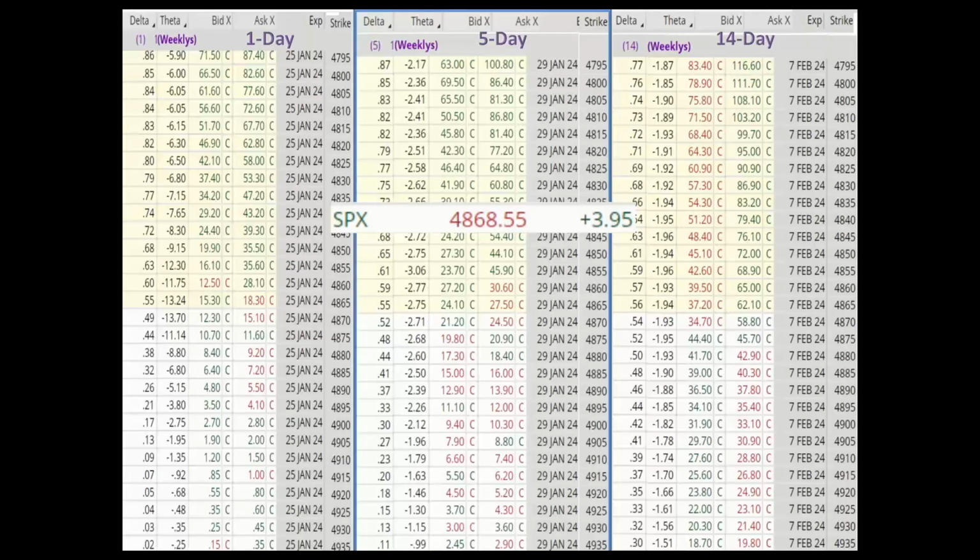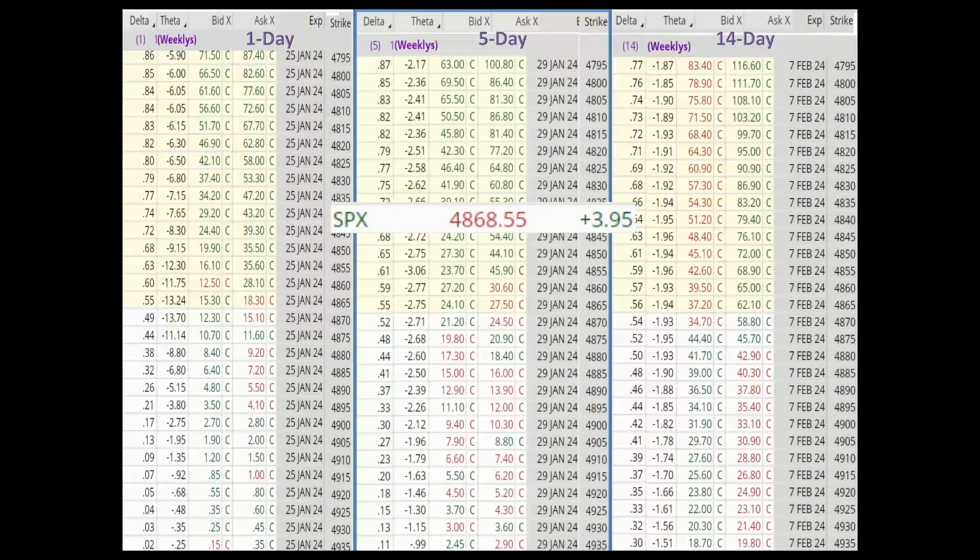Now, what I did yesterday in anticipation of the class was pull up an SPX chain with 1 day until expiration, 5 days until expiration, and 14 days until expiration. And the closing price was 48.68.55 in the SPX. This is the SPX chain. And what you'll see here, all of these are calls.